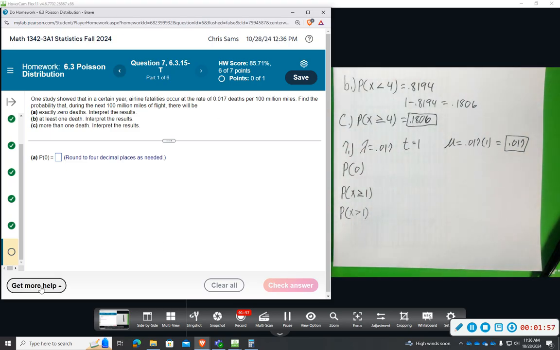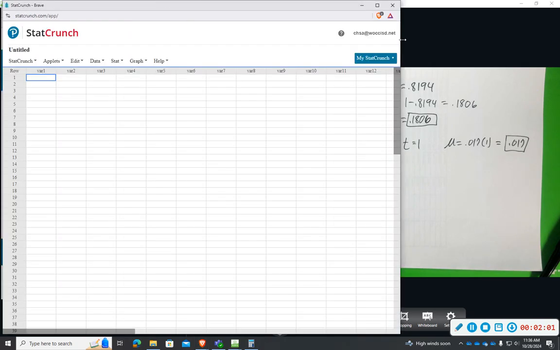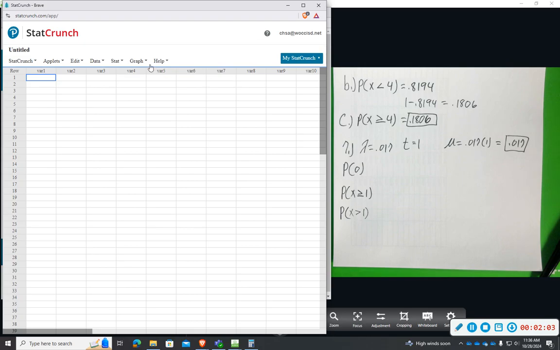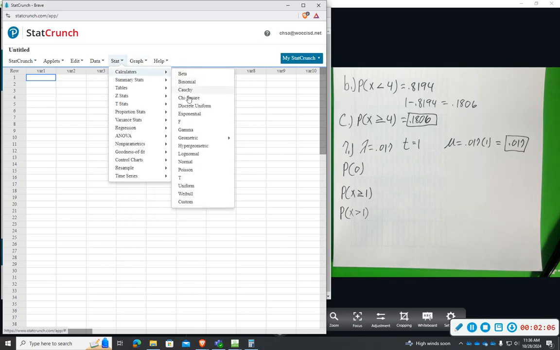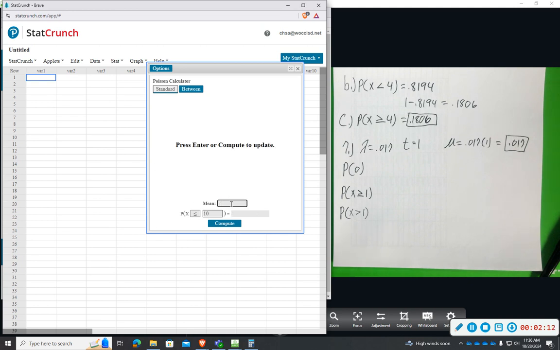All right, so we're going to pull this up in StatCrunch. Calculator, Poisson, mean is 0.017, and we are going to go with exactly 0, so equal to 0. Equal to 0 is going to be 0.9831.